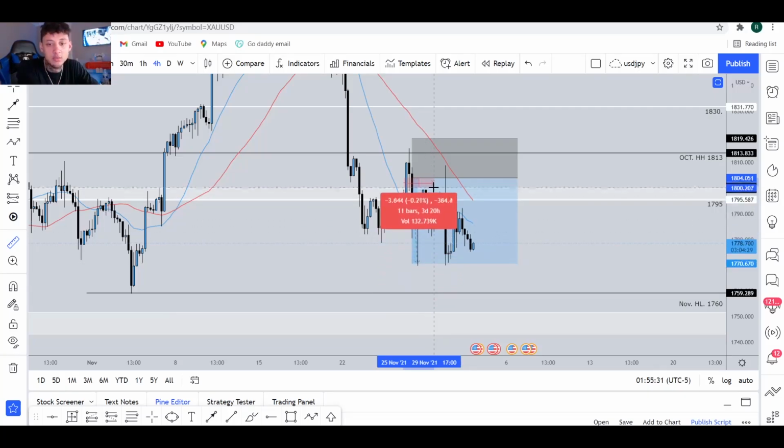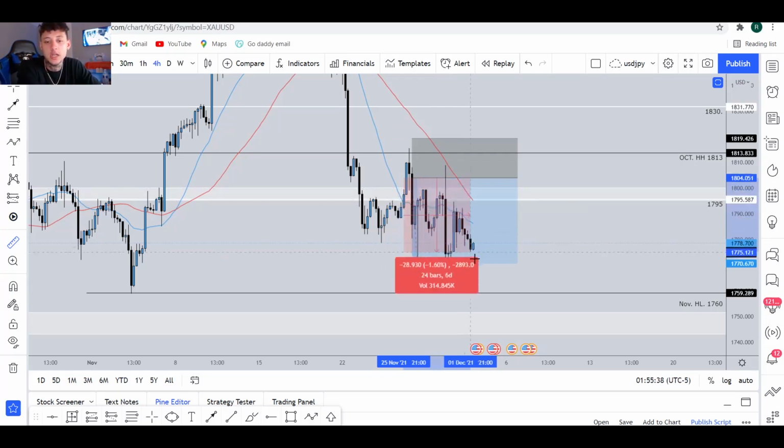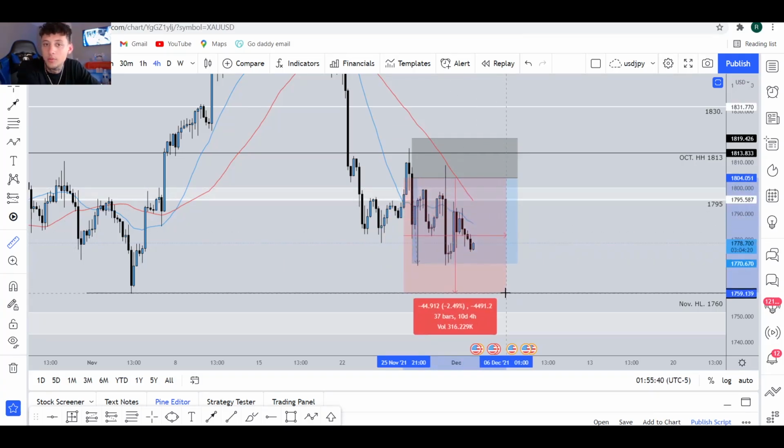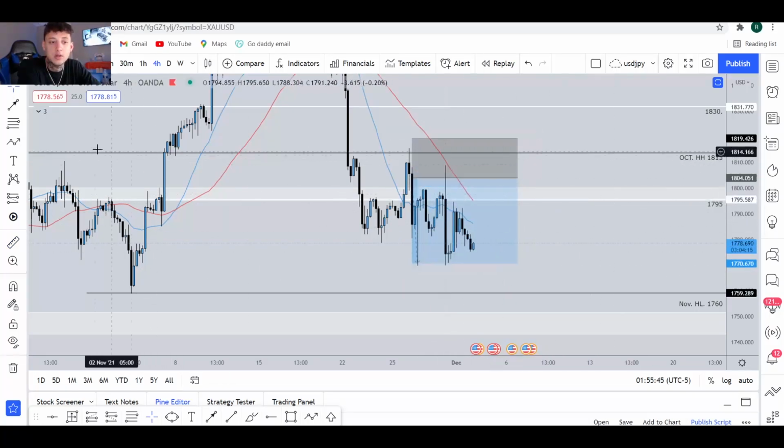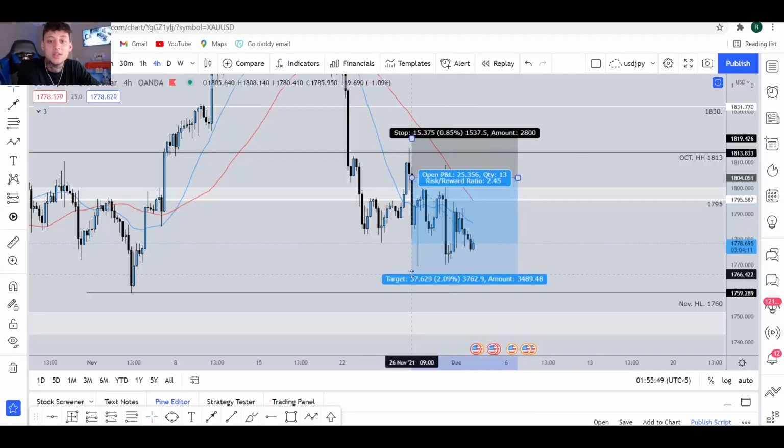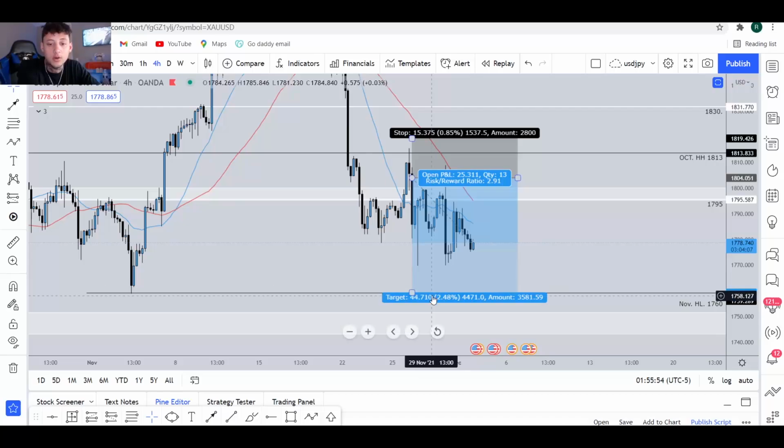Then price went against me, but I still had the will and the emotional control to hold my position, because I know my main target is down here where I'm going to make 30-some thousand dollars, right? And look at price go completely against my position. But I had the discipline to hold to my initial target, which is down here, because I know that if I win this trade, I'm going to make at least 3 times my risk, and I just paid for another 3 trades, right?